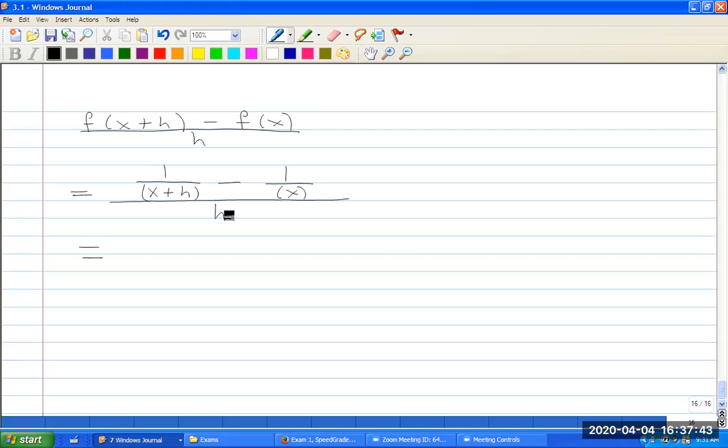In order to subtract two fractions, I want to find the least common denominator, rewrite everything as equivalent fractions with the least common denominator, and then simplify. The least common denominator in this case is x times x plus h. So let's multiply and divide this term by x, and multiply and divide this term by x plus h.